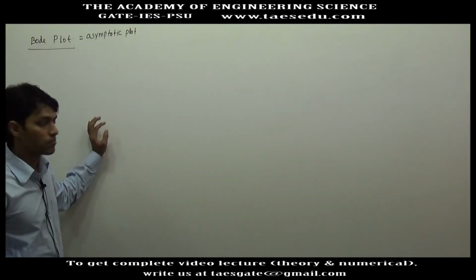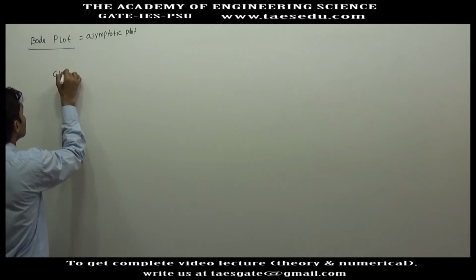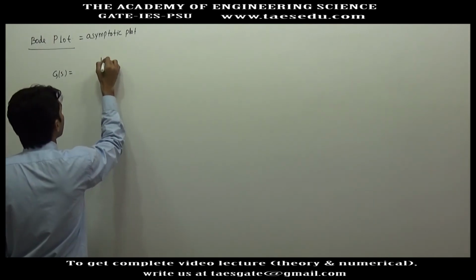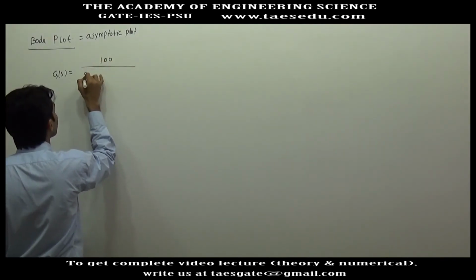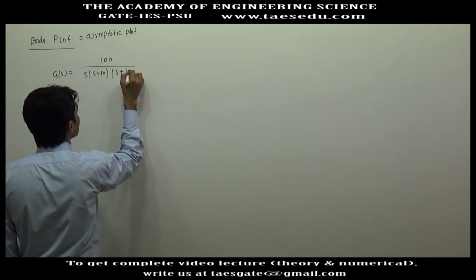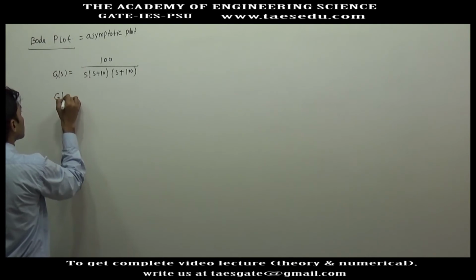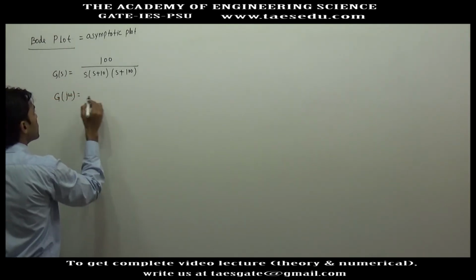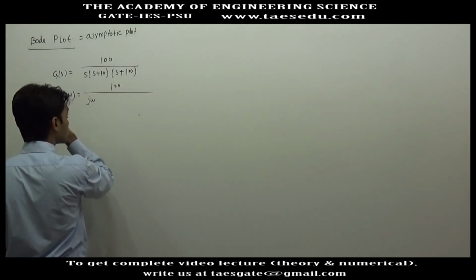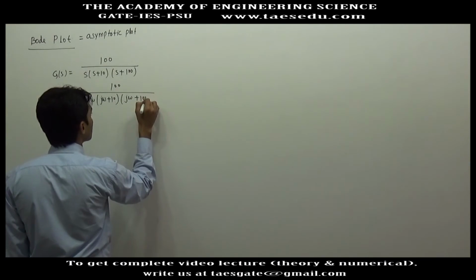Now I'm taking one more example to have better clarity of the Bode magnitude plot. Let G(s), instead of writing G(s)H(s), I'm writing G(s) only, equal to 100 divided by s into (s plus 10) into (s plus 100). So what will you write? G(j omega) will be 100 divided by j omega into (j omega plus 10) into (j omega plus 100).